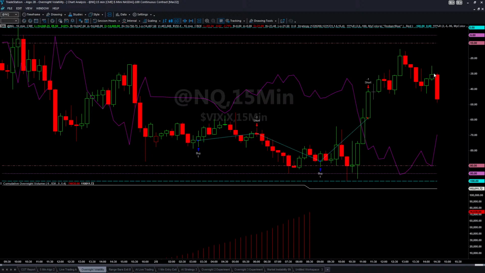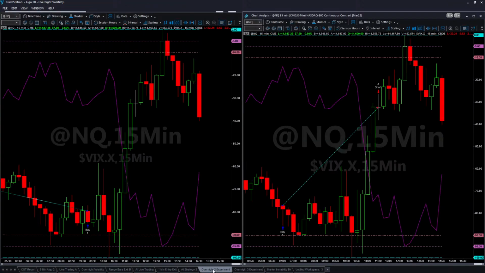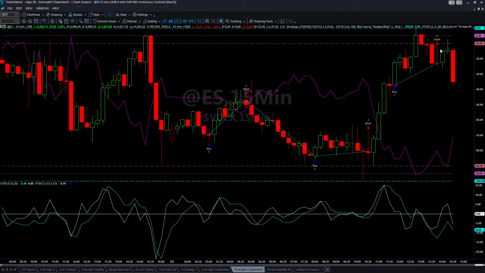It realized all this was just a bunch of noise. All right, let's see. I've got some other experimental ones right here. Now this one's also short. Filtered out all this noise, and it's still short. And the ES, I've been playing around with that. Wow, look at that. Okay, this ES has been very accurate today, with the exception of this trade right there.